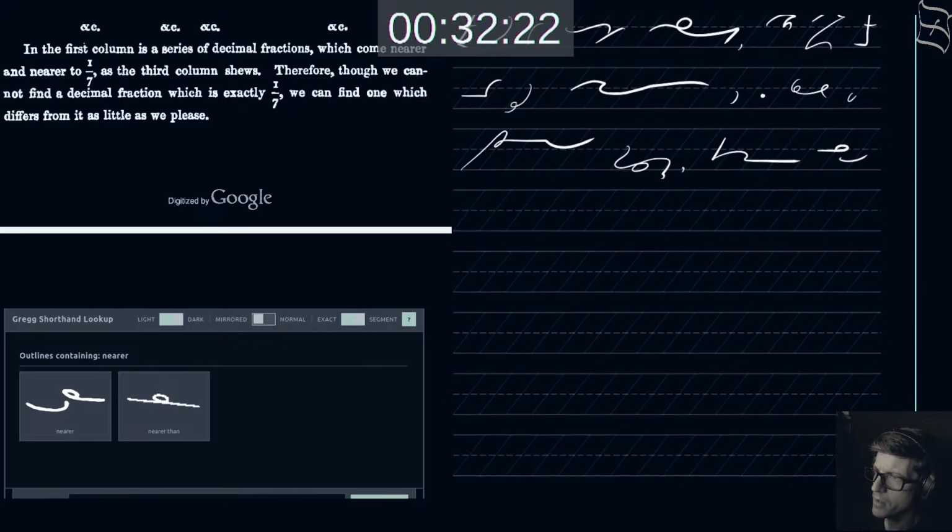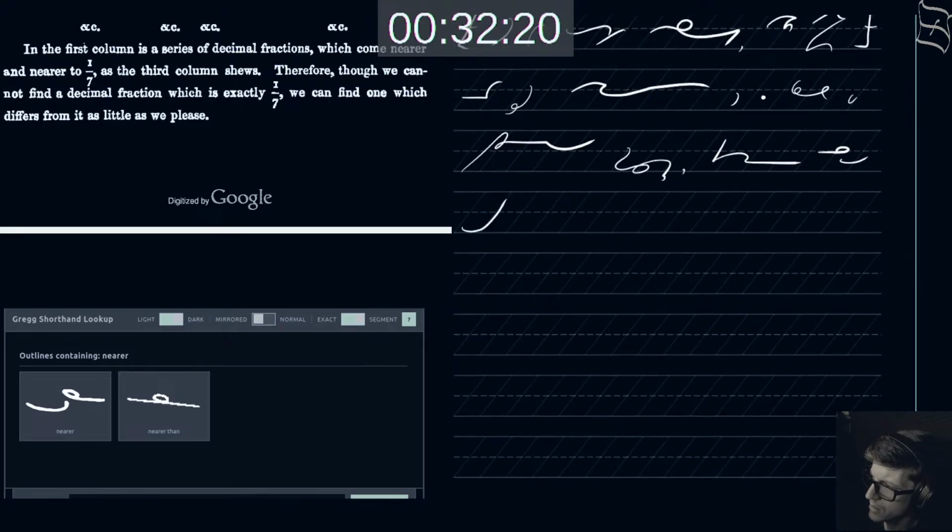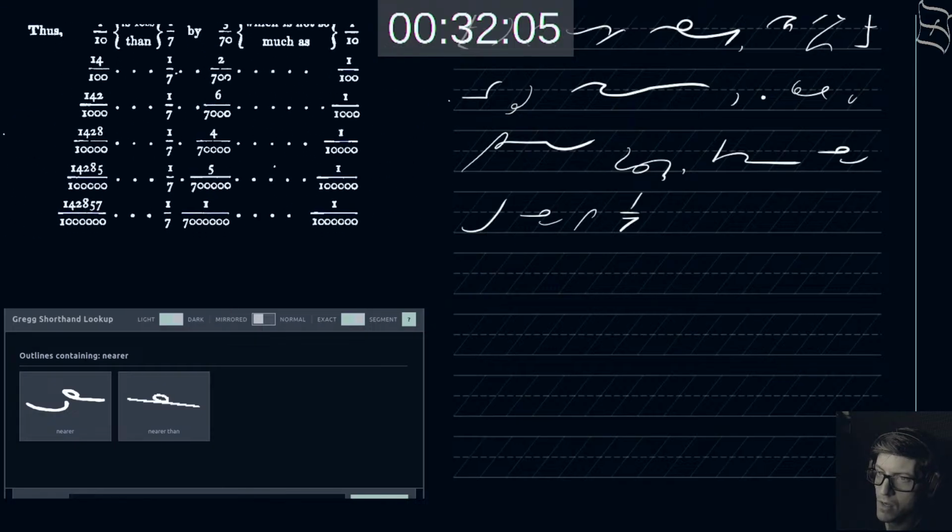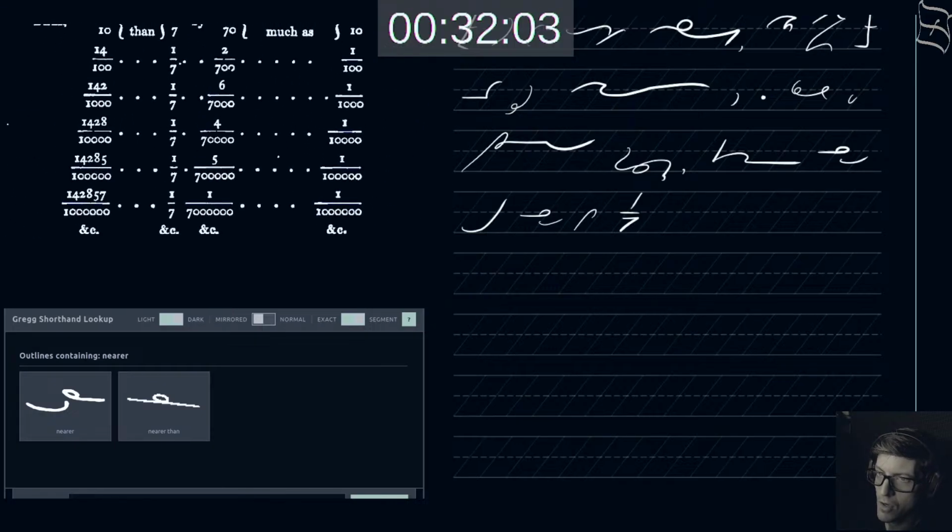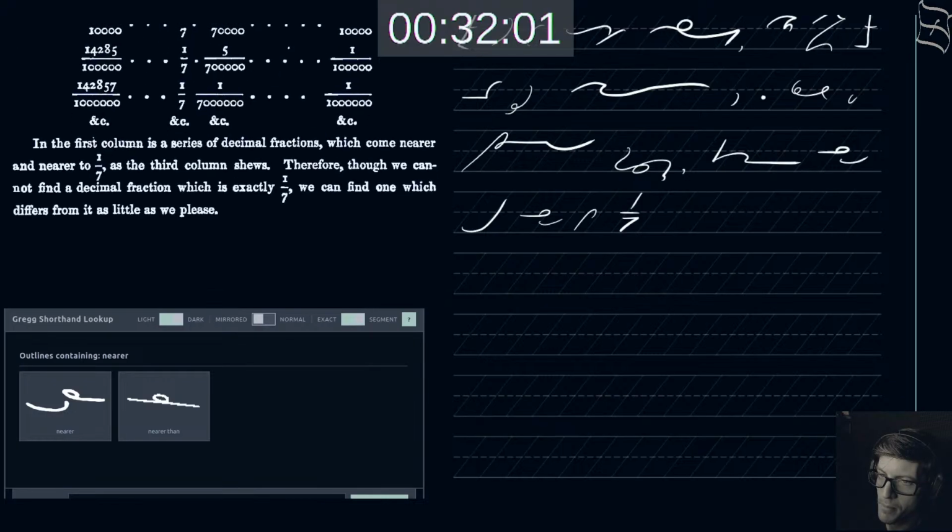Which come nearer and nearer to 1 over 7 as the third column shows. And for that, we can see here, first column, second column, third column.